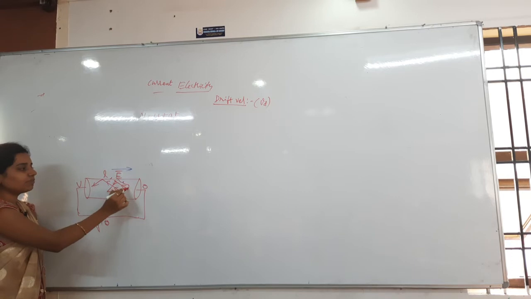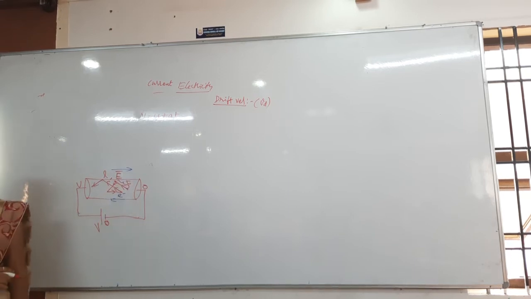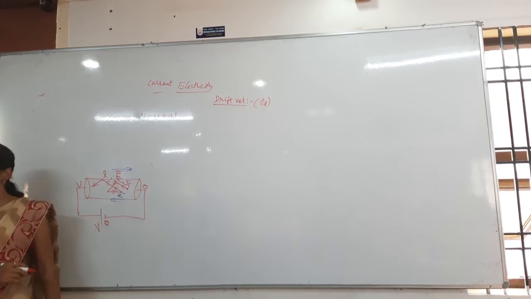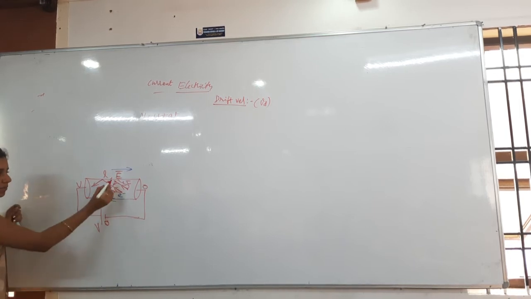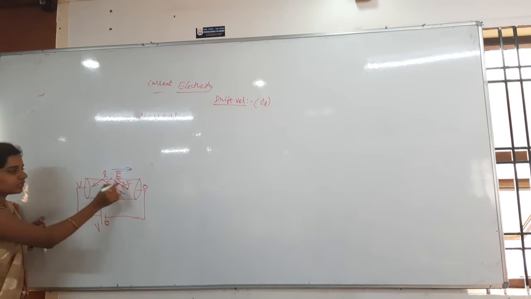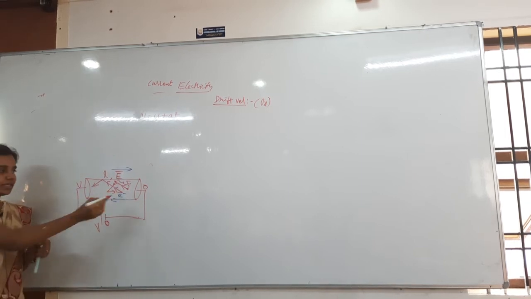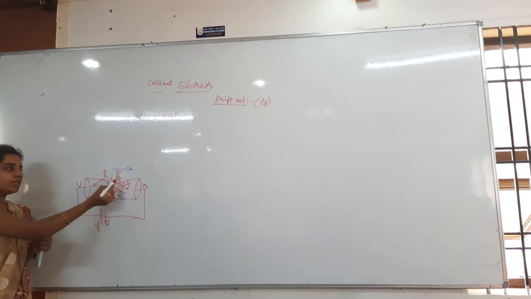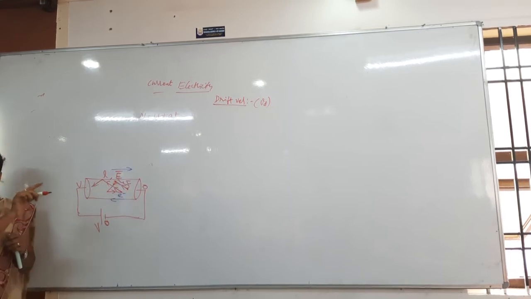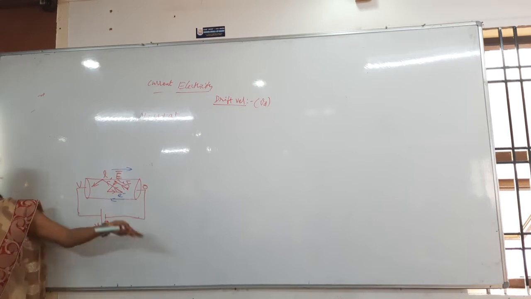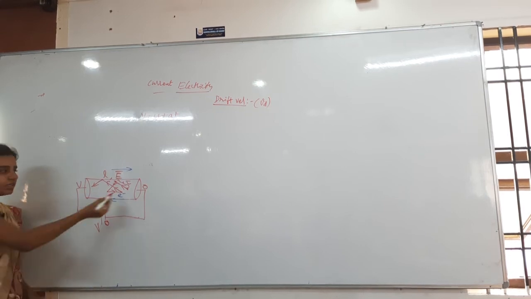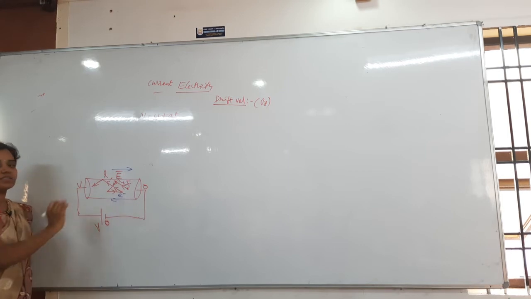The time taken between two successive collisions is the relaxation time. Consider only two dots, not three: one collision has already happened, and this one is the second collision. The time interval between them, or in normal mechanics terms, the time taken to travel from one collision to another. This is what it is doing here, and then gaining some velocity.